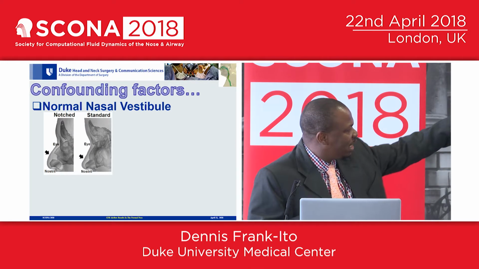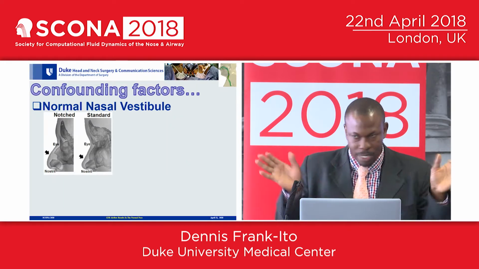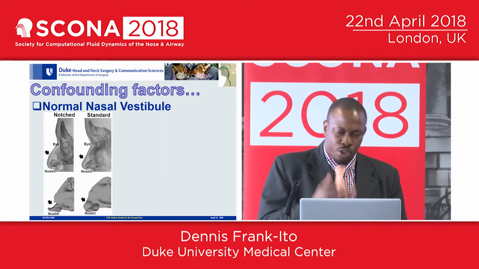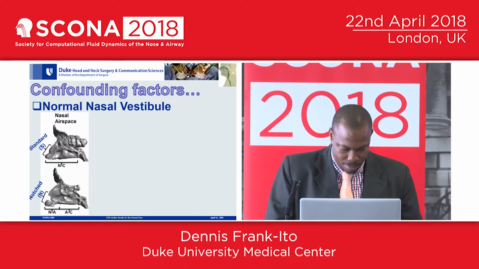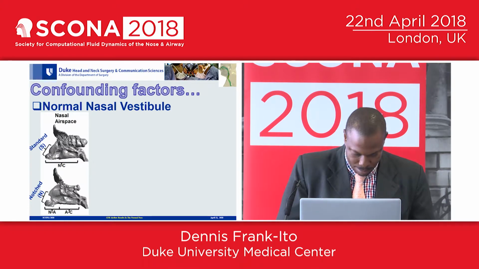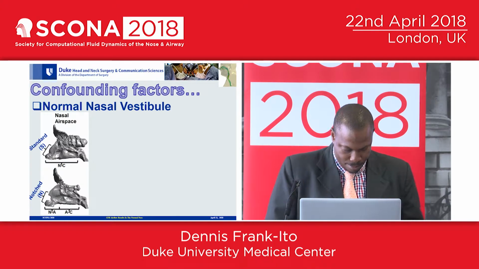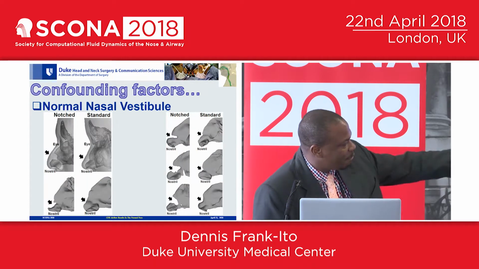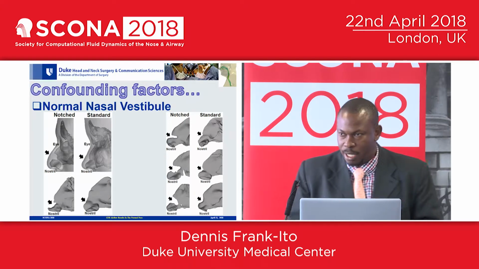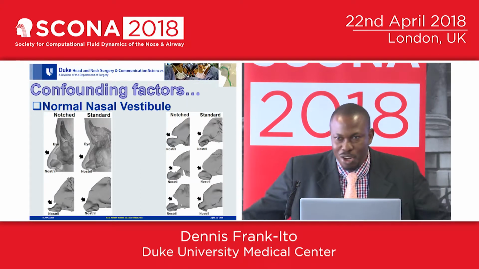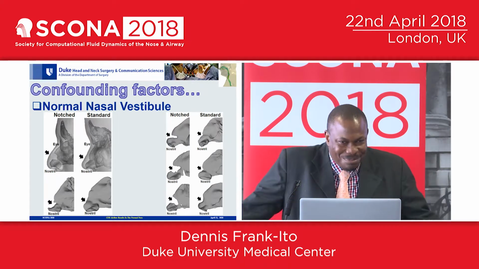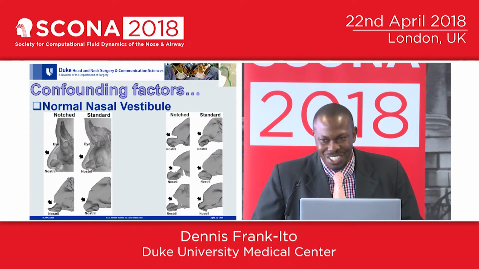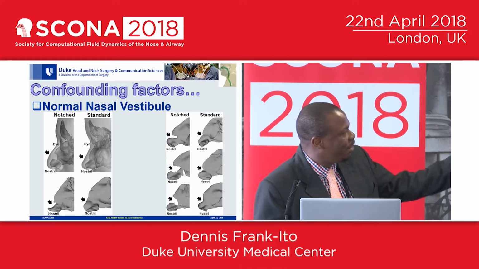In a notch case, the standard looks very standard, no problem. You have some other variations, so these are different variations of notch. Again, these are all normal subjects, so that's what I'm dealing with. You have all of these variations.